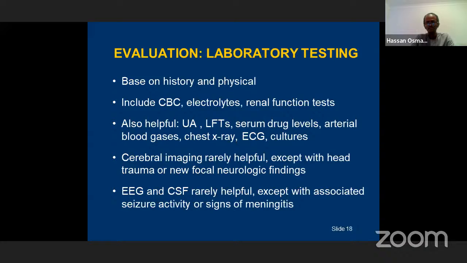For laboratory tests, definitely after we take a history and do a physical examination, we will start with a general panel, like the CBC, electrolytes, liver function test, and renal function test, because those are of significant importance in this kind of medical problem.